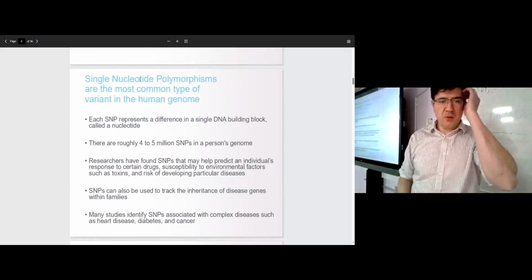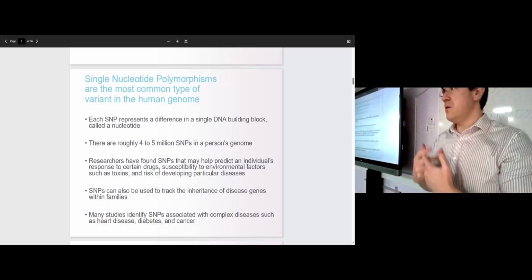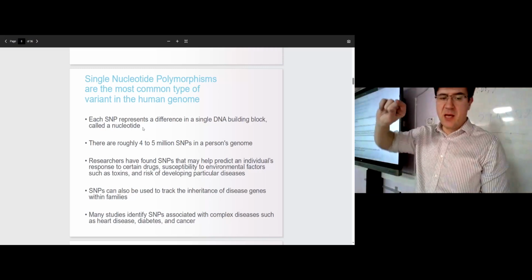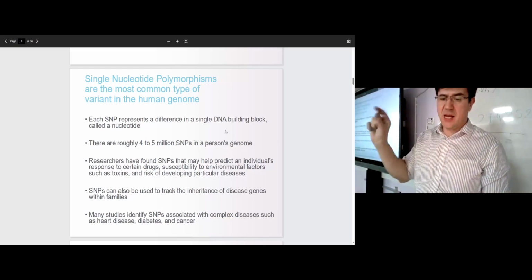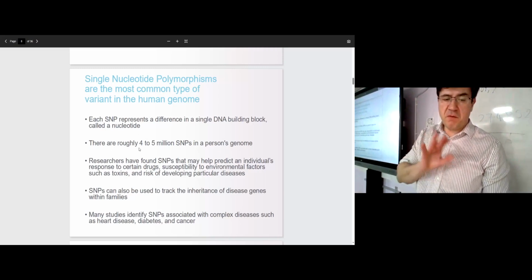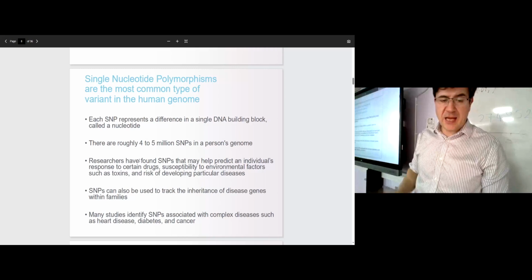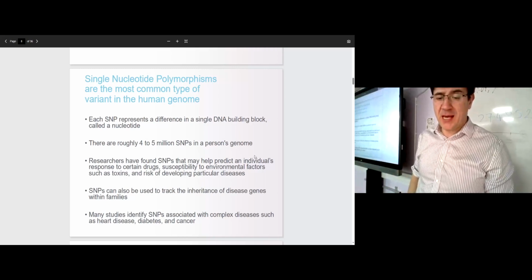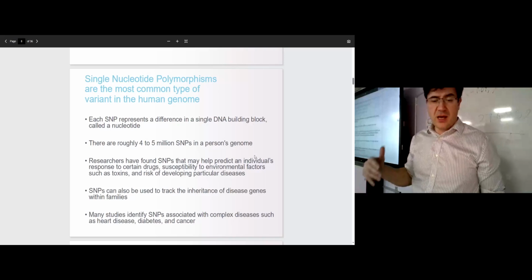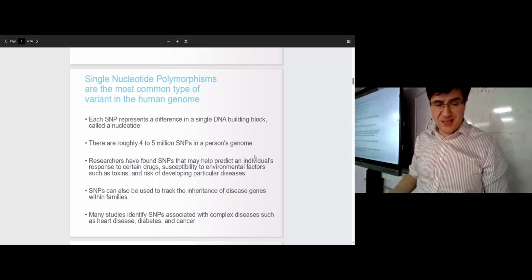So single nucleotide polymorphisms are the commonest of variants, and each SNP represents a difference in a single DNA building block called a nucleotide. There are roughly between 4 to 5 million SNPs in a person's genome, and some SNPs may help predict an individual's response to certain drugs, environmental factors, and risk of developing diseases.